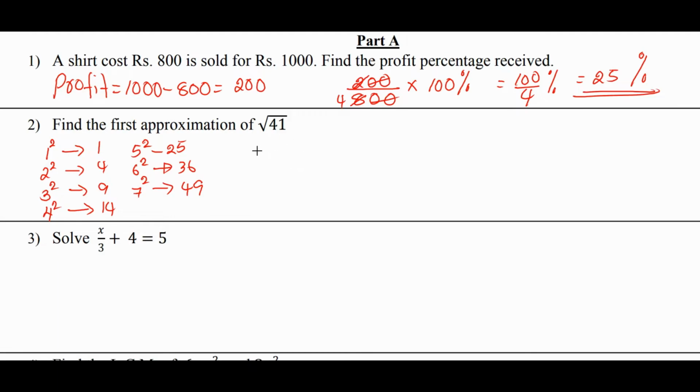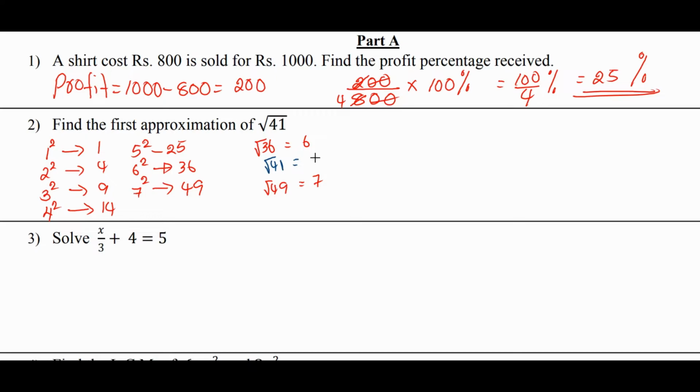Therefore, I can write down root 36 equals 6 and root 49 equals 7. Then here is root 41. Therefore, the value of root 41 should lie between 6 and 7.